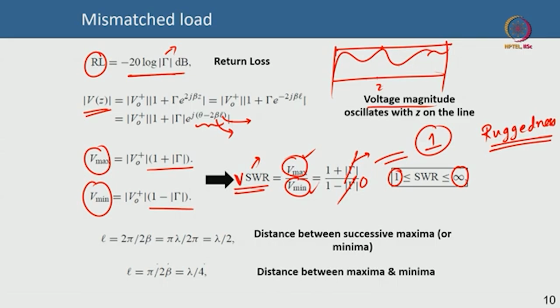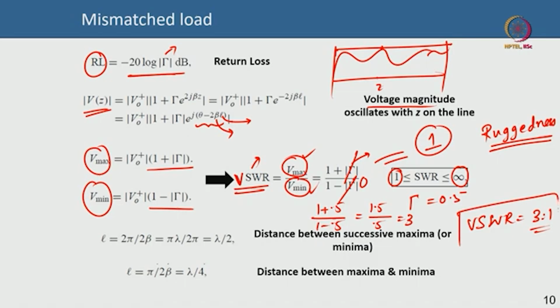For instance, if your reflection coefficient is 0.5, which means 50% of the wave is reflected back, not a very good situation, but anyways, then it is 1 plus 0.5 divided by 1 minus 0.5, that is 1.5 by 0.5, that is 3. So, your VSWR is 3:1. In a way you are talking about 50% of the incident wave being reflected back.